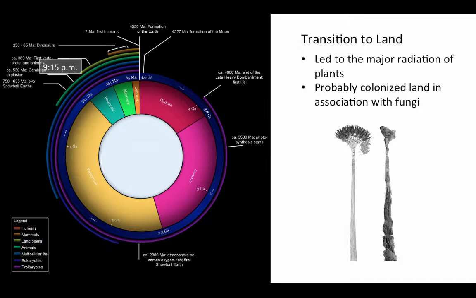There is some genetic evidence that land plants diverged from their most recent common ancestor earlier than that, but we have the first fossil evidence of plants on land about 9:15 p.m. And there's also strong evidence that these first land plants co-colonized land in association with symbiotic fungi. Probably neither of them could have made this transition on their own.